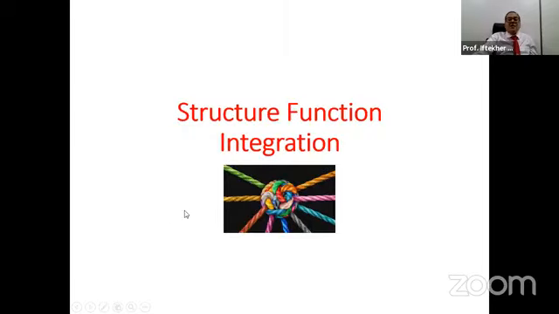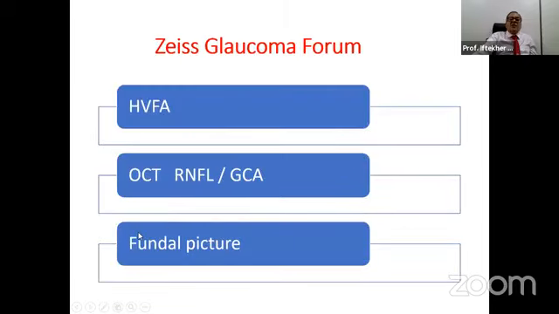The structure function integration. The GIS forum integrates the visual field finding and the paramacular and peripapillary retinal fiber layer.